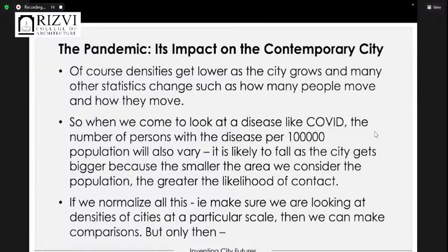But let me talk about the second thing that I wanted to talk about, which was the pandemic and its impact on the contemporary city. Now, of course, densities get lower as cities grow, as we get more residential and various kinds of economic activity around the centre, and as our technologies get better.